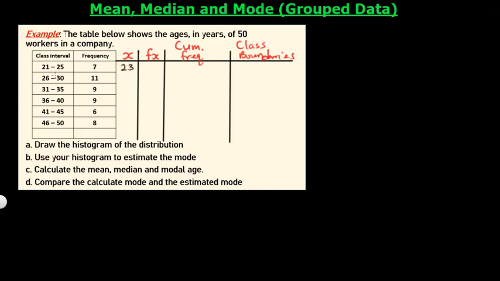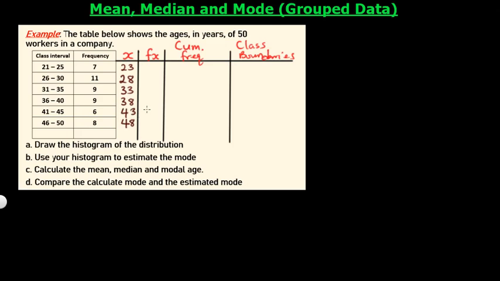So if we do the same here, 26 plus 30, we divide that by 2. That gives us 28. And we do the same all through. This gives us 33. And this gives us 38. This gives us 43. And this gives us 48.